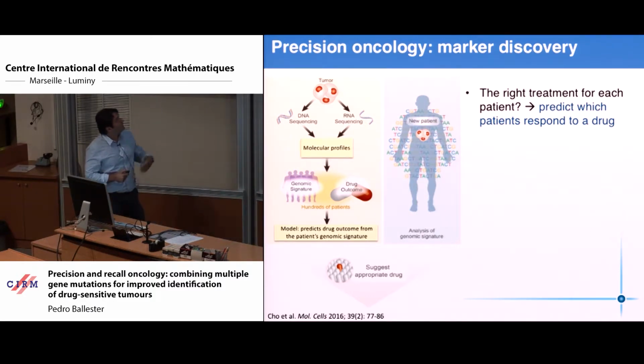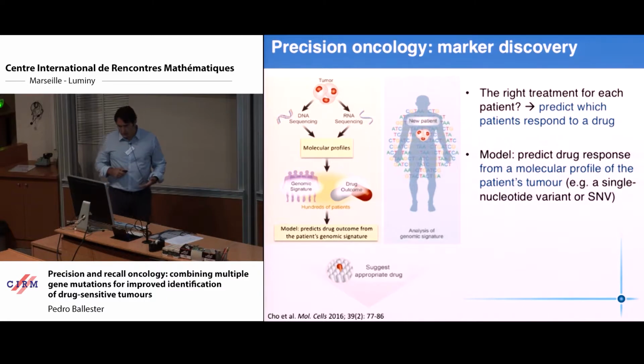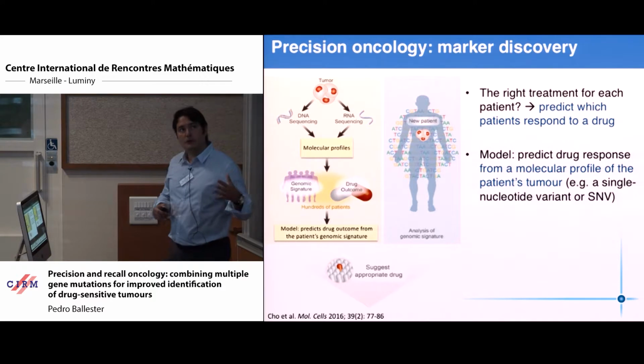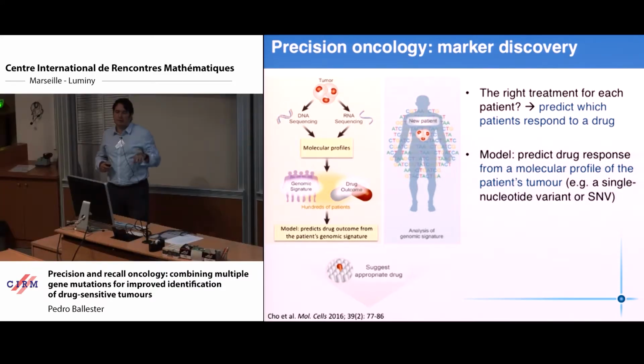It starts with some form of molecular profiling, generally DNA sequencing to detect somatic mutations in the tumor, and then there is some level of integration between the molecular profiles and the drug response to generate a model that can predict drug outcome from the patient's genomic signature. The goal is to use this model to predict drug response from the molecular profile of the patient we want to predict response for, right?